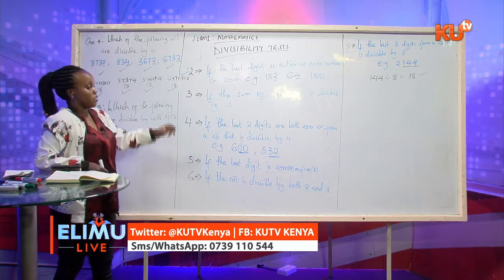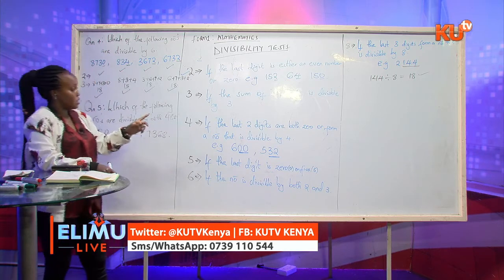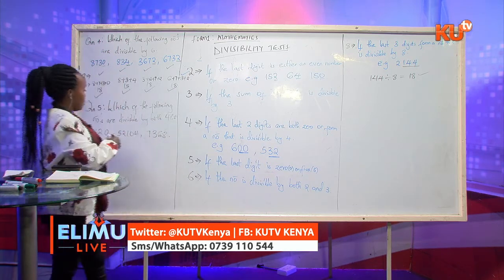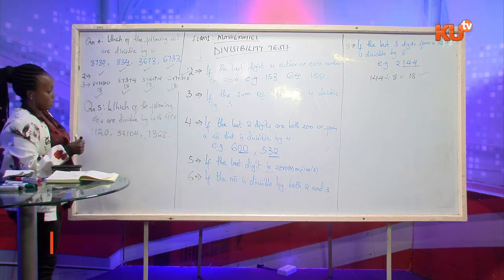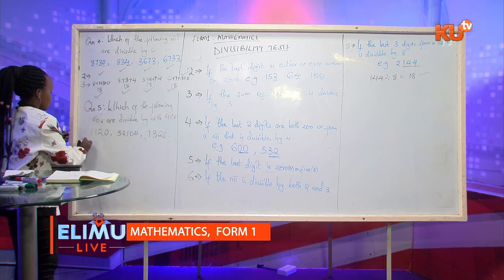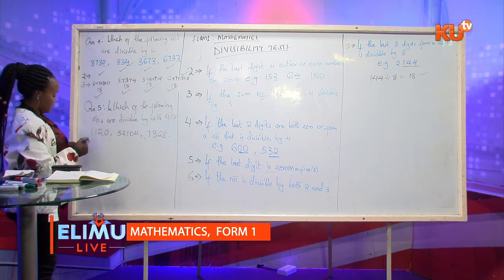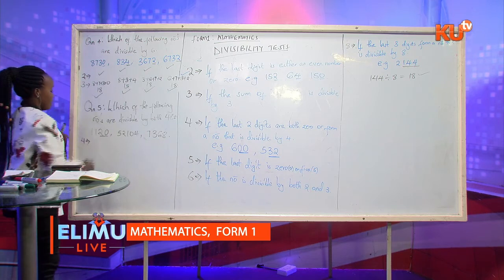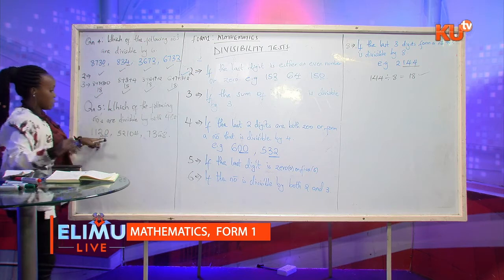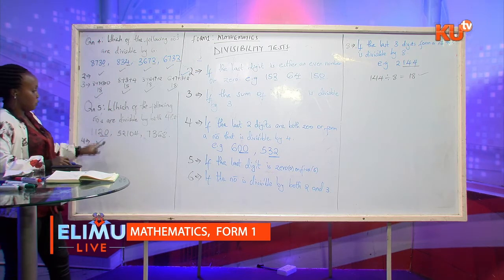4 and 8. For 4, a number is divisible by 4 if the last 2 digits are both 0 or form a number that is divisible by 4. So let us look at our 3 numbers here. We have 1120, so we start with 4. The last 2 digits there are 20. 20 is divisible by 4, correct? That gives us 5, meaning that 1120 is divisible by 4.